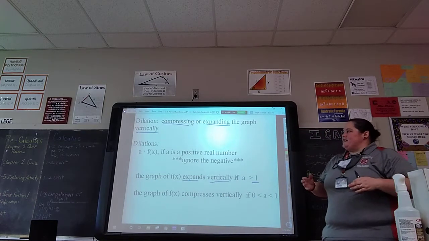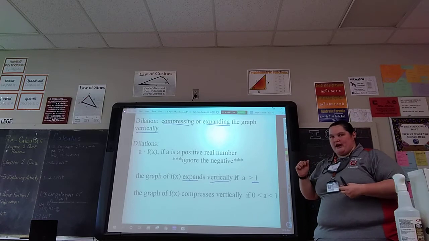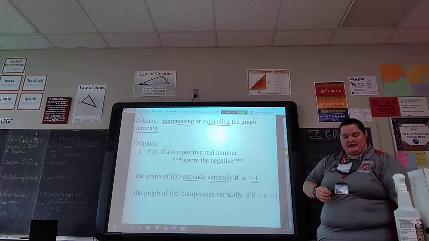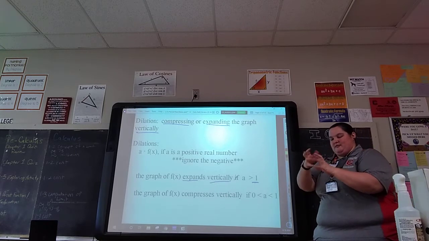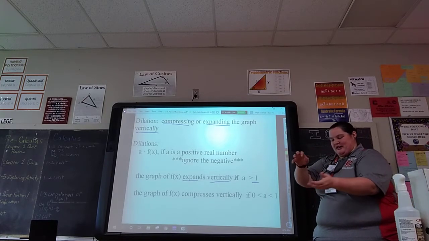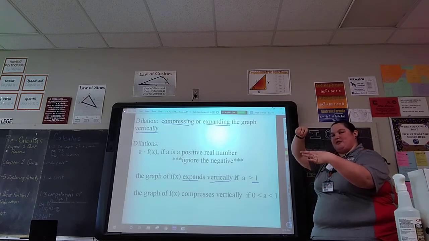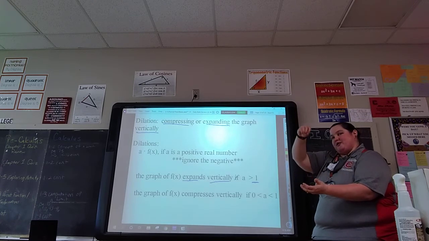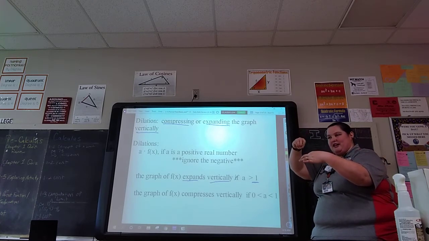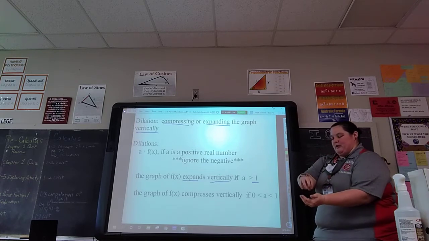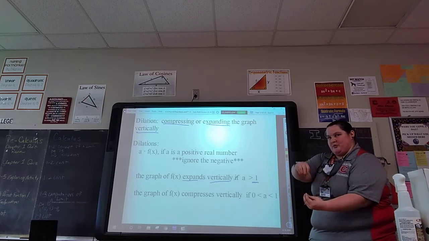Now, what else also happens, and I could make you write this too, if you ever expand something vertically, like imagine taking silly putty and pulling it up, you're expanding it vertically, and what happens horizontally is it gets thinner, okay? So I could have you say expands vertically and compresses horizontally, but I choose just to have you do the vertically part. So what we're doing is taking the graph and just pulling it up.